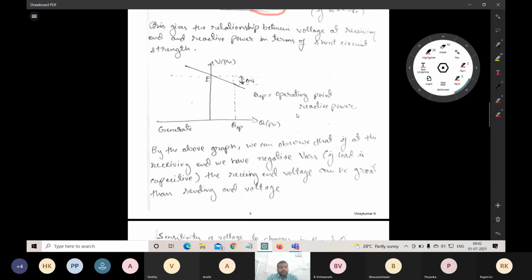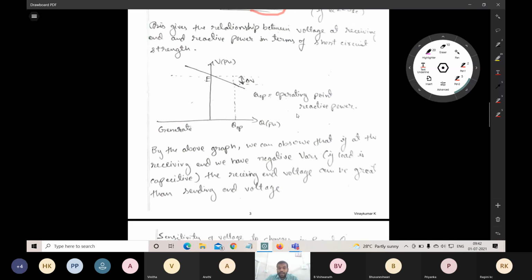So at the receiving end, only when it is capacitive in nature, the receiving end voltage can be greater than the sending end voltage. So this effect is called the Ferranti effect, as I was explaining in the previous sessions.